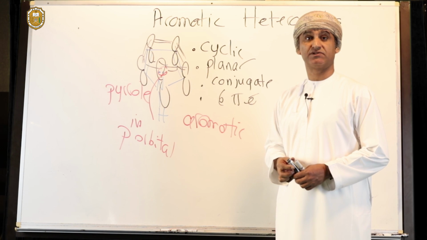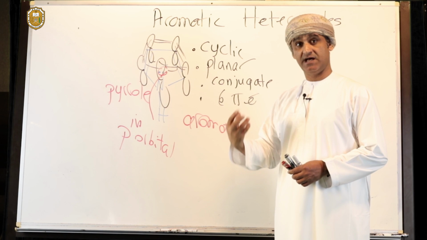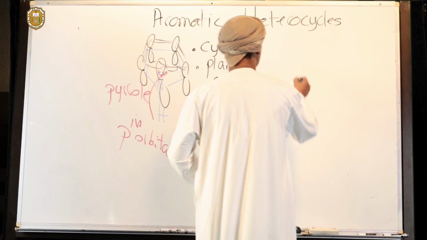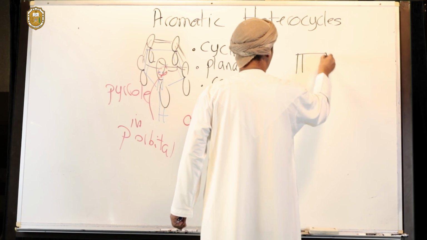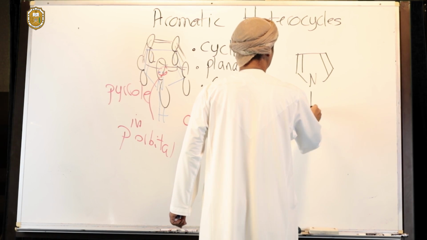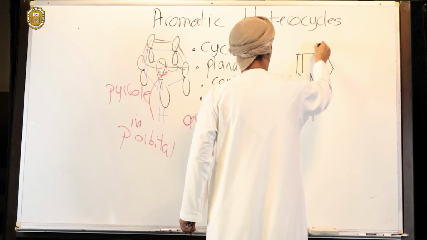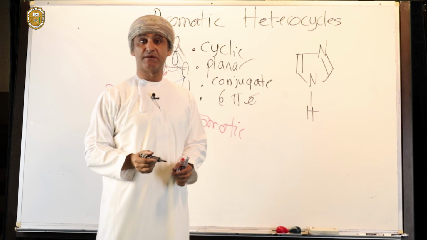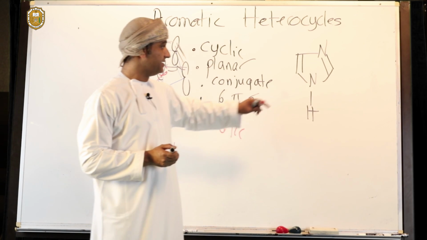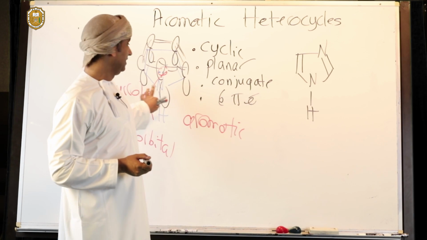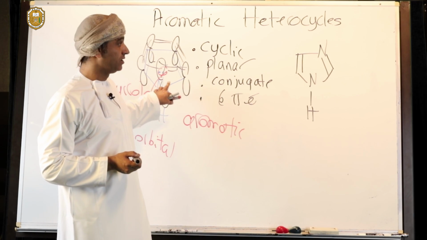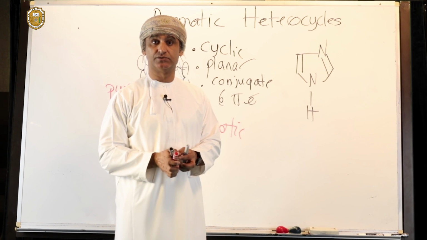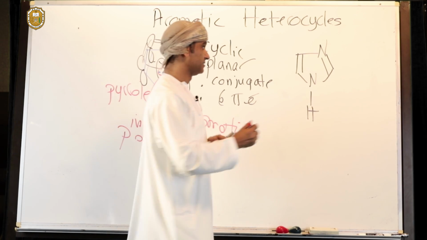Let's now take another 5-membered heterocycle, but this time an example that contains not only nitrogen but another heteroatom. Let's take imidazole. Imidazole is a 5-membered heterocycle that contains nitrogen. It's similar to pyrrole, but imidazole also contains an imine functional group, so in that it's similar to 6-membered heterocycles such as pyridine.